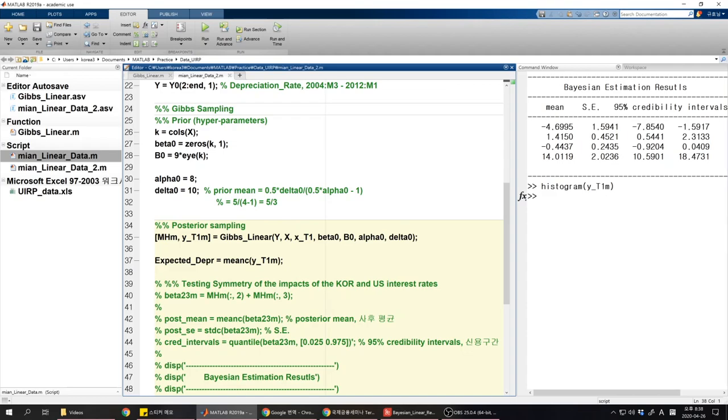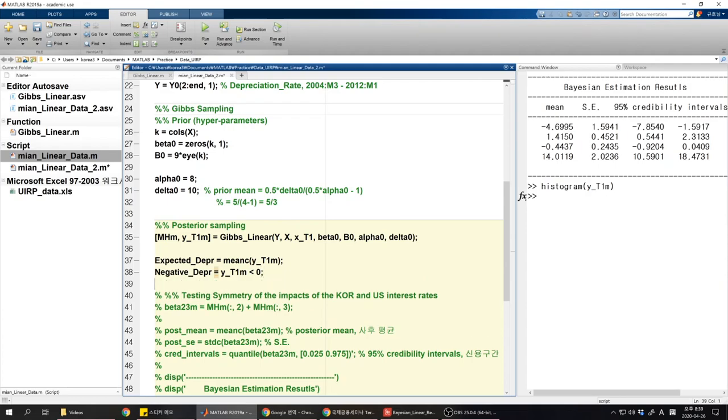Negative depreciation rate, of course, is y_cap_t1m less than 0. You see that there are two operations, equality and then this inequality.